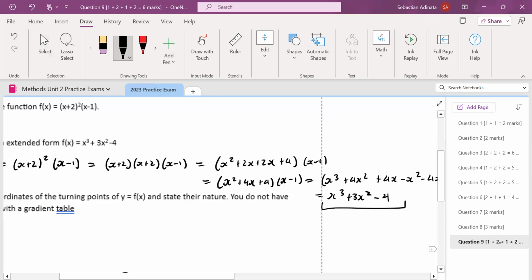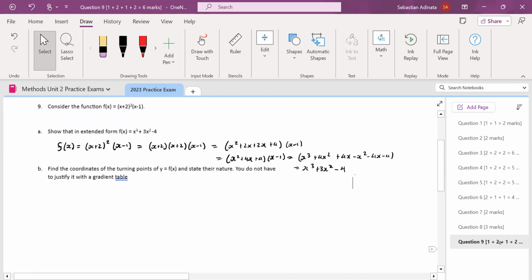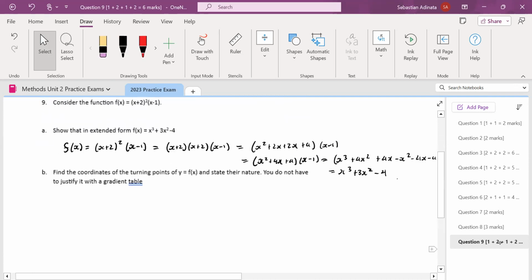And if you look at it, we've got the same answer. Easy way to check. Find the coordinates of the turning points of y equals f of x and state their nature. You do not have to justify it with a gradient table.